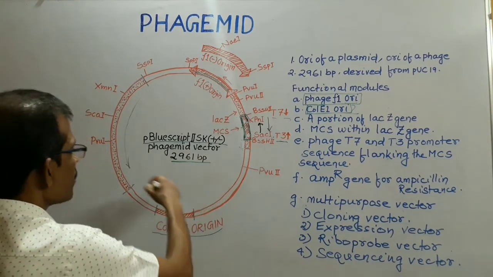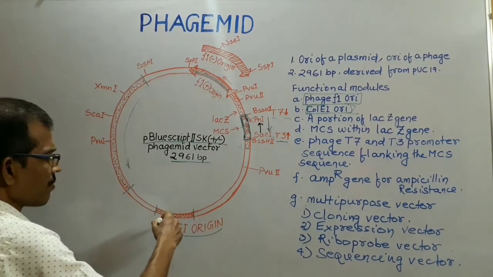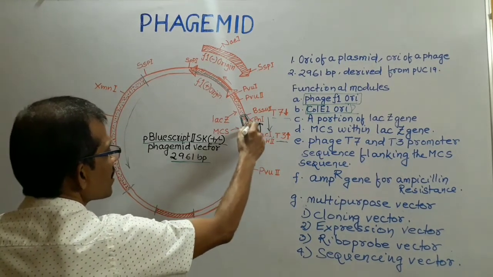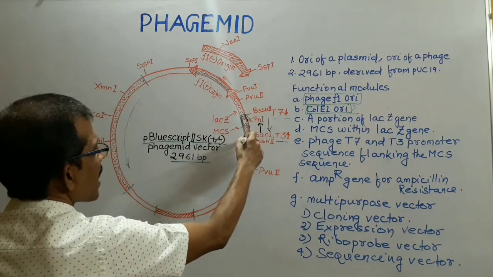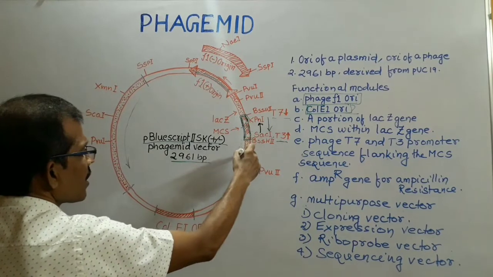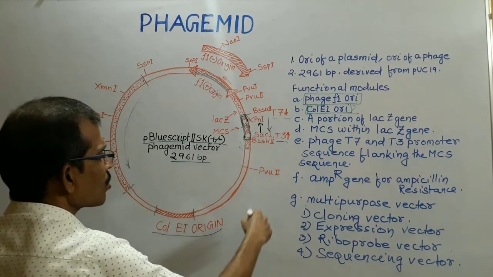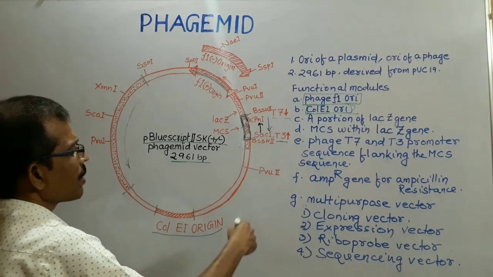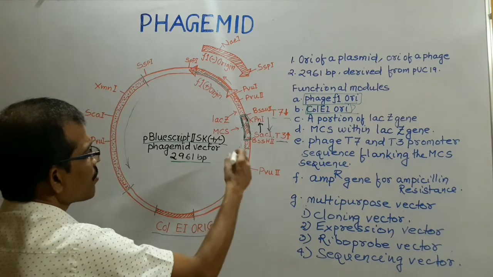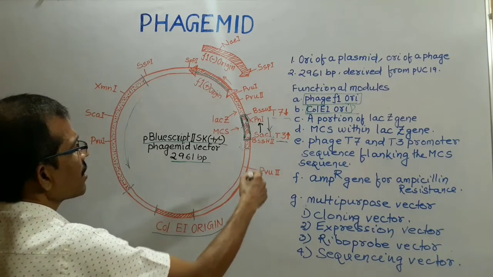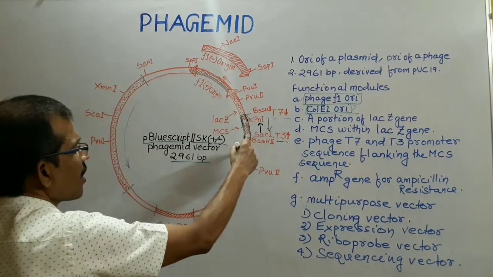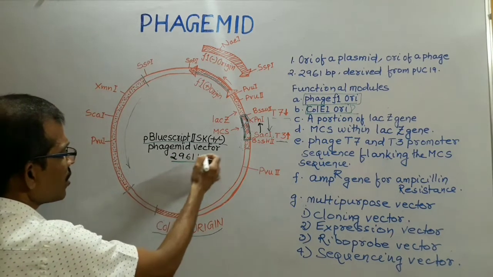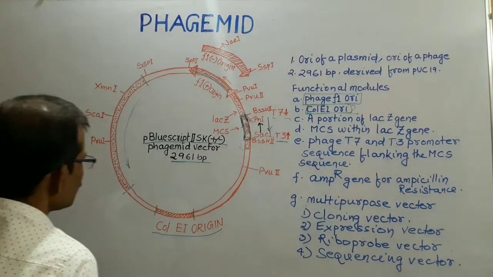This Phagemid can also be used as an expression vector because the DNA insert which has been integrated within the MCS sequence is also transcribed along with the lacZ gene, resulting in the formation of a fusion protein. This fusion protein contains a part of the polypeptide chain derived from the DNA insert and the remaining part derived from the lacZ alpha gene. So in this way, this Phagemid can also be used as an expression vector.